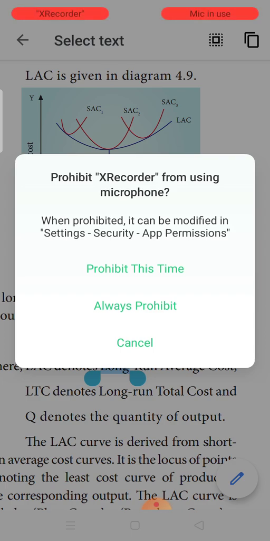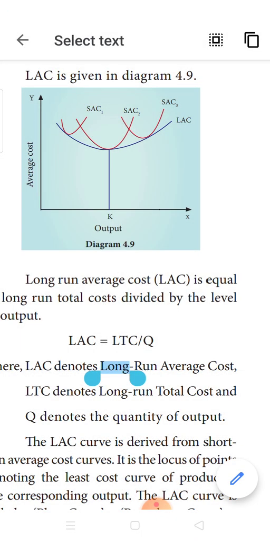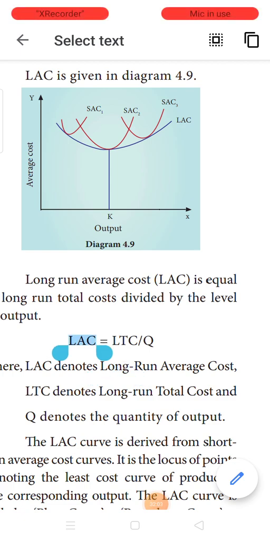Initially they will start with small short run average cost curves, and as years go by and output increases, more plant and machinery will be installed, and the long run cost curve will be a sum of more short run average cost curves. That is the reason why the LAC envelops more short run average cost curves.